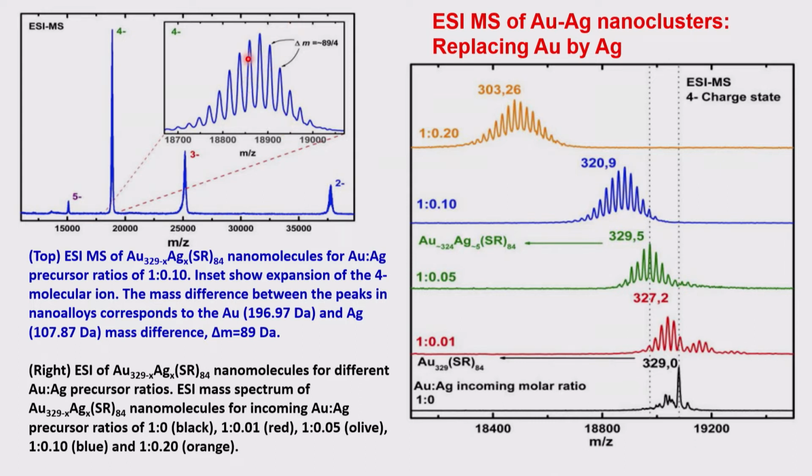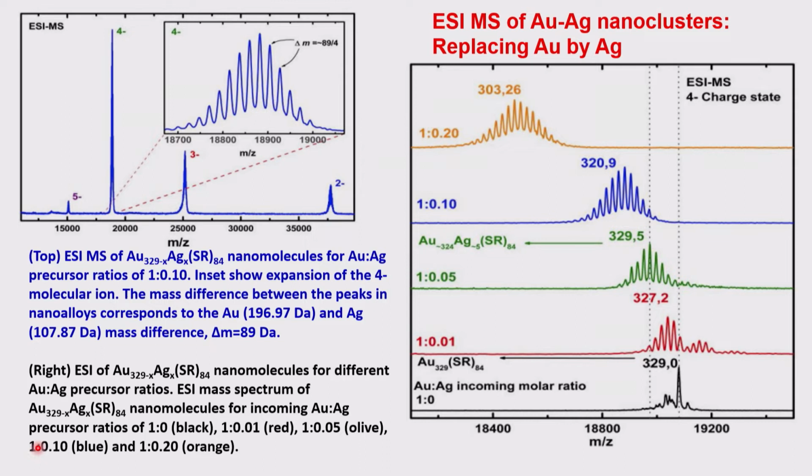This position will tell you that, and the difference is 89 by 4 because Z is 4 here. That is the kind of pattern. It's like a signature pattern which you can overlay and explain very clearly. So you can unambiguously identify that yes, 1 is replaced, 2 are replaced, 3 are replaced, etc.